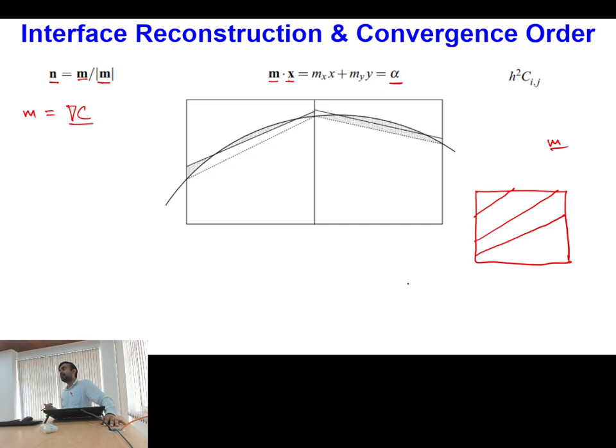To determine alpha, in the cell in which we are reconstructing the profile of the interface, we know the value of the color function for this cell, and I know the volume of this cell.